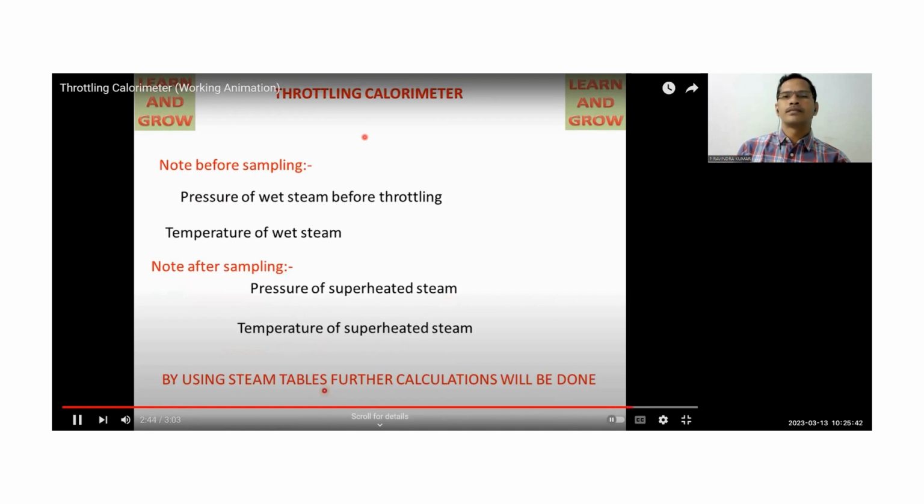After this, the steam table will be used for further calculation to find the dryness fraction of the steam.